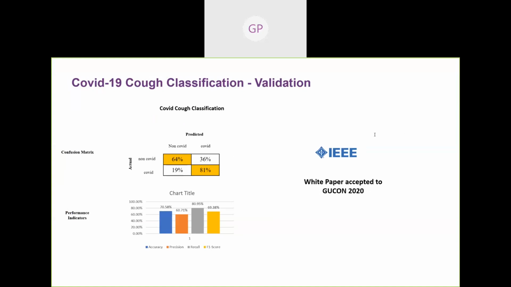Yeah, Suruchi, this is a question: is this a balanced or a non-balanced data set? This is not really a non-balanced data set, because if I remember correctly, around 30 to 35 to 40% of the values were COVID.